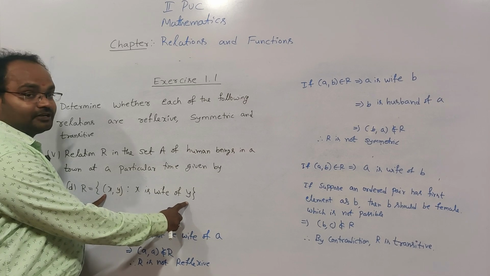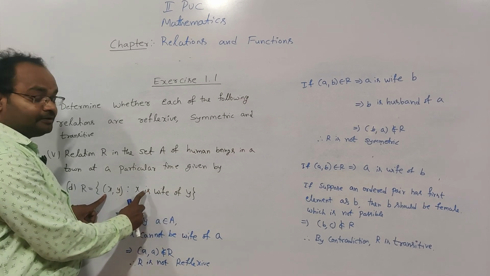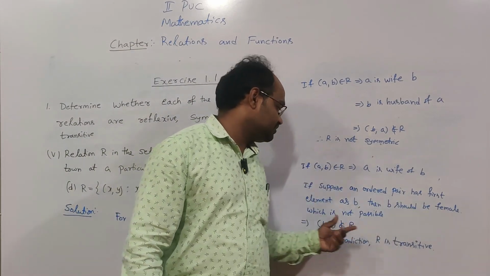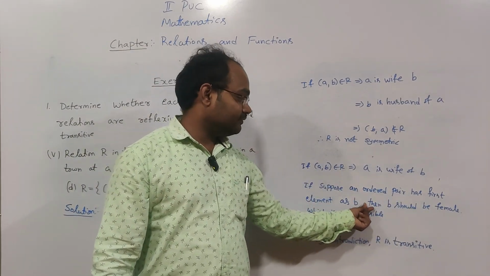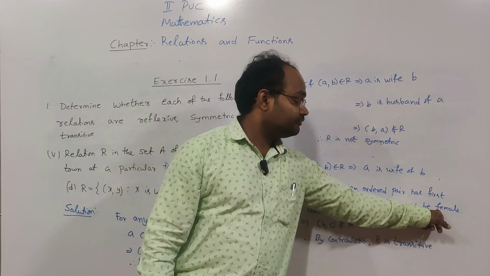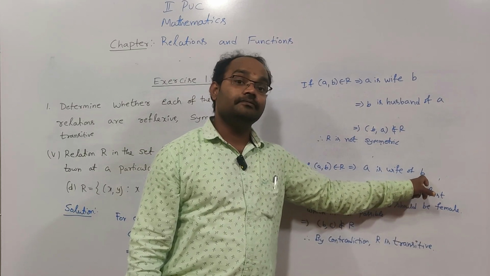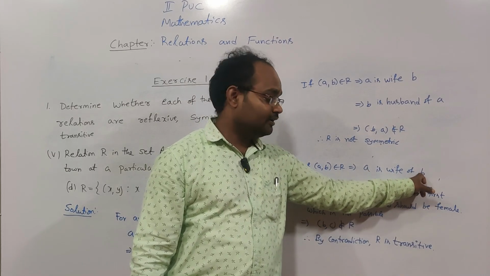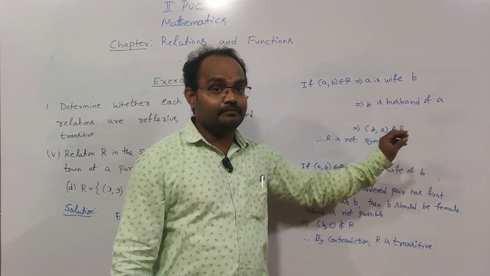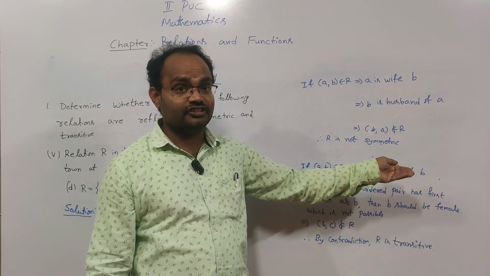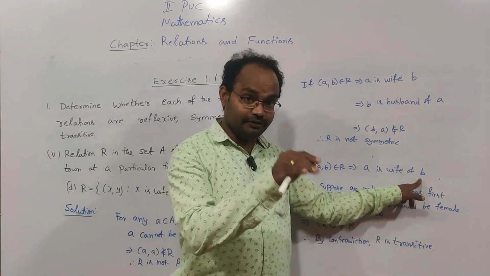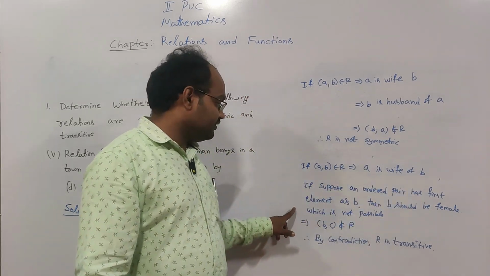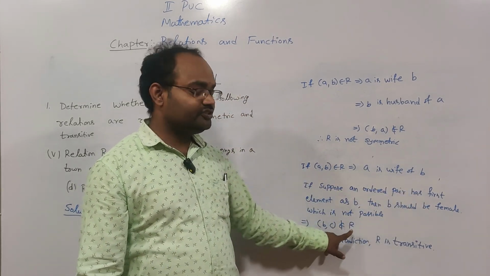B is wife of someone. For B to be wife, B should be female. So if suppose an ordered pair has first element as B, then B should be female, which is not possible according to this. If A is wife of B, B should be male. Suppose another pair BC exists, then B should have to be female, which is not possible. So therefore, we can't have the ordered pair BC belongs to R.